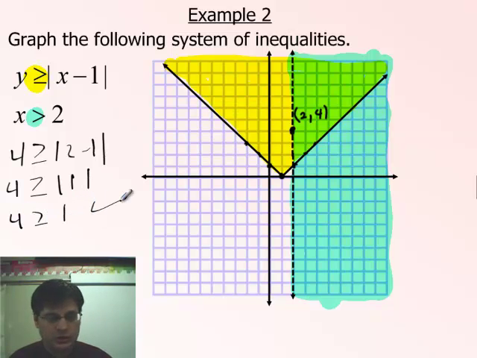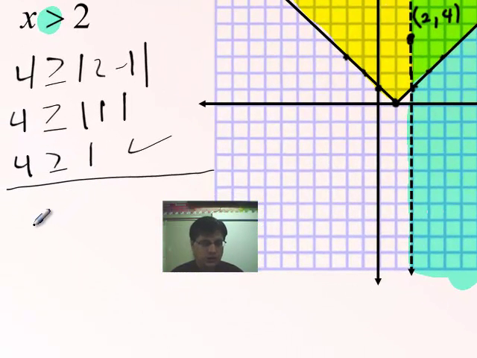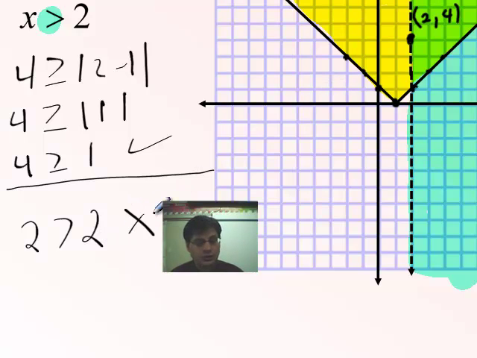So that clearly works, as we anticipated. Now, the next one, I'm going to substitute this into the x. Now, there is no y, so the only thing I can substitute into there is the x. So 2 is greater than 2. Well, 2 is not greater than 2. That does not work. So that would not be a solution for the second inequality.